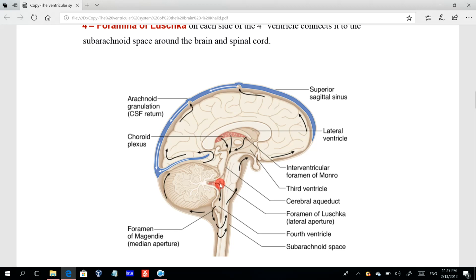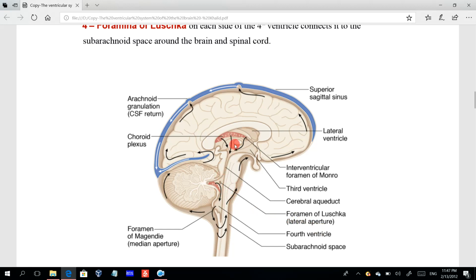The one below is the foramen of Magendie, which connects to the central canal of the spinal cord, and the foramina on each side are called the foramen of Luschka, also called the lateral aperture. This foramen leads to the subarachnoid space. This is the subarachnoid space.